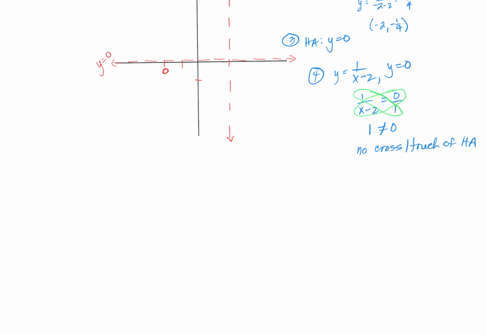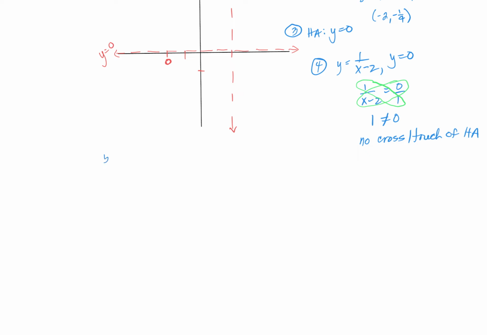Let's look at number 5. We're finding our easy points, such as the y-intercept. To find your y-intercept, put in 0 for x. You'll get 2 over negative 4, or negative 1/2, for your y value. So 0, negative 1/2 is a point on my graph. And then 6, x-intercepts.